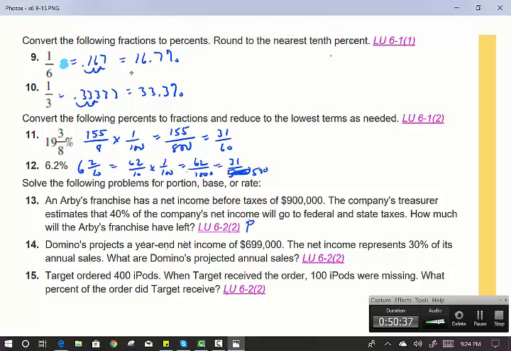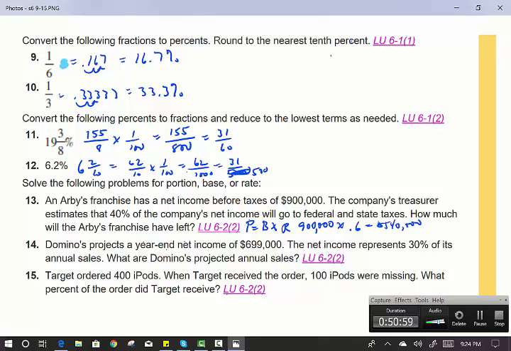So part is equal to base times rate, and that would be 900,000 times, and I want to find out how much I have left, so I'm going to take that times 60%, or 0.6 after I move the decimal point 2 places to the left, and that would give me $540,000.